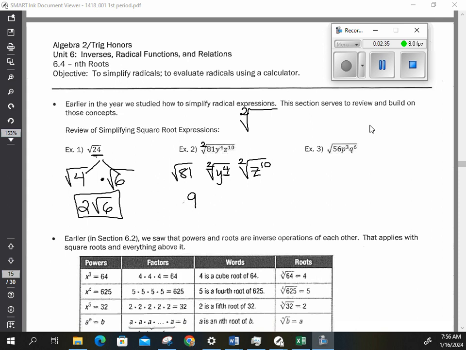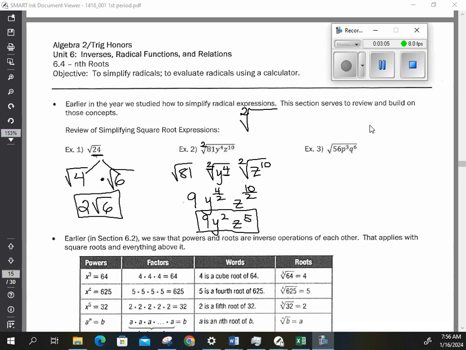So in the case of y, that's 4 divided by 2, which would be 2. And for the z, that's 10 divided by 2, which is 5. So 9 y to the second and z to the 5th power. Very simple, even with the variables in there.